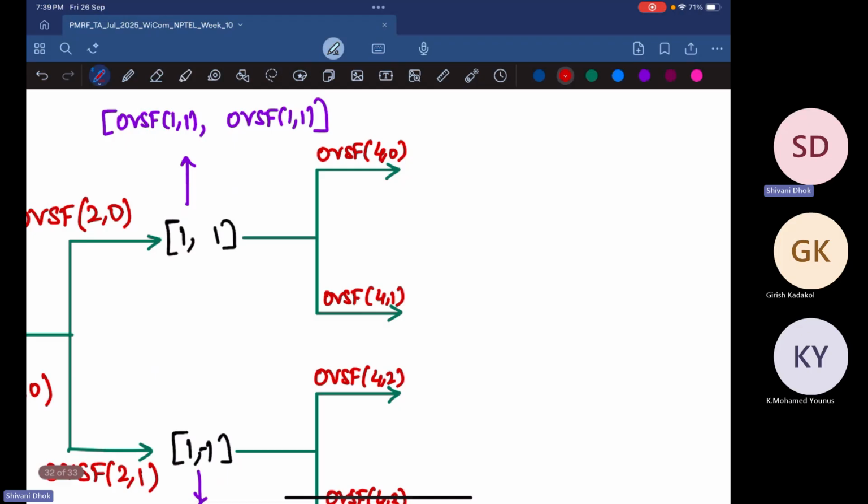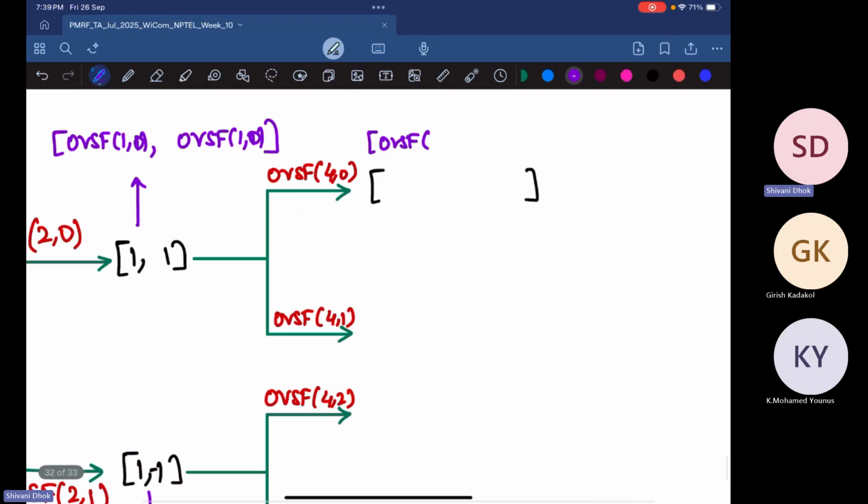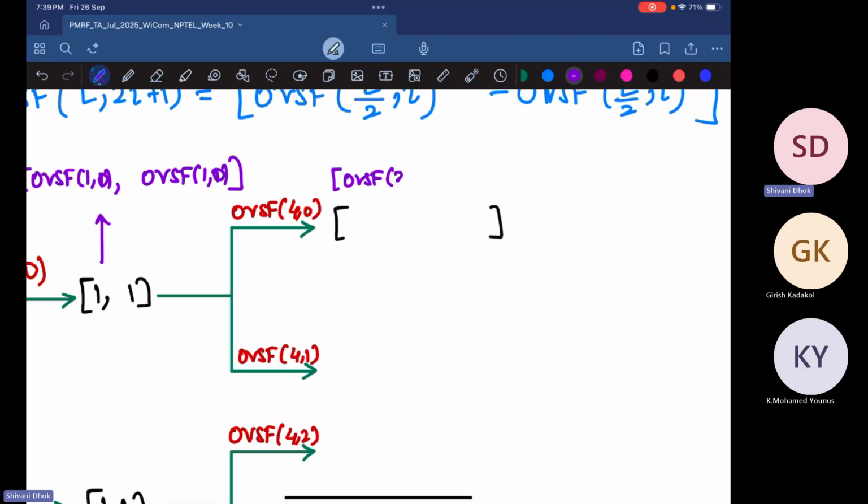So for OVSF 4 comma 0, what we have to do is repeat. So this thing here will be basically OVSF of 2 comma 0 and OVSF of 2 comma 0, and we'll have to flip the sign here.